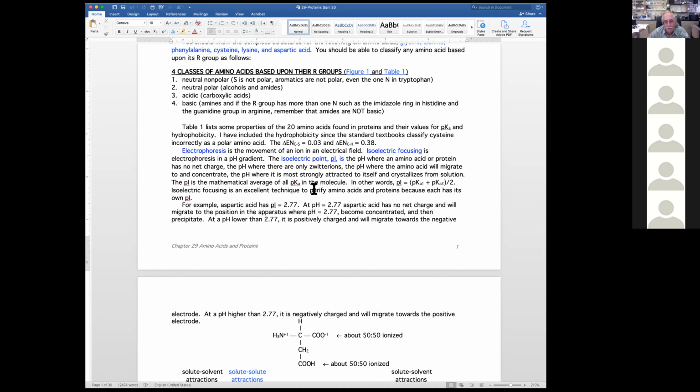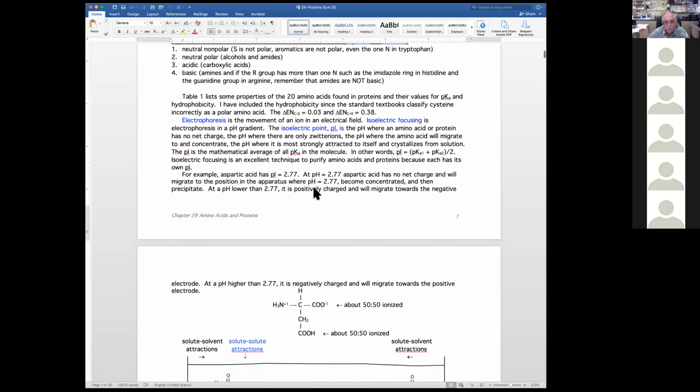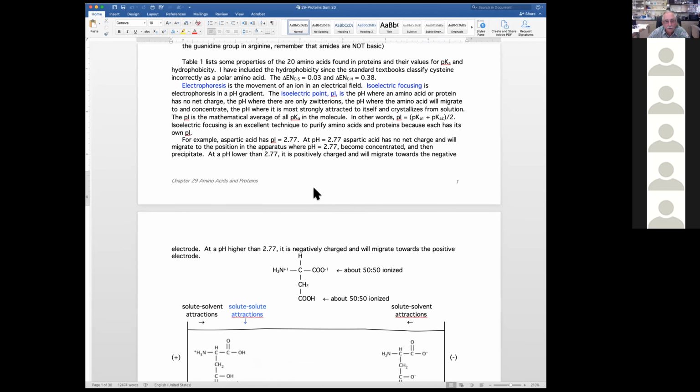And so this is a way to purify amino acids and proteins, because every single one's going to have its own PI. So if you look at acidic amino acids, they will have an acidic PI. If you look at basic amino acids, they will have a basic PI.